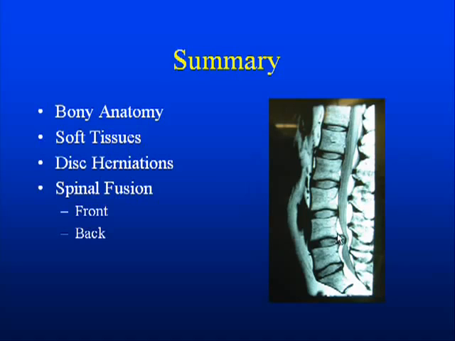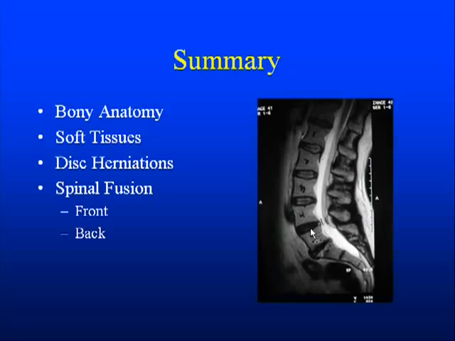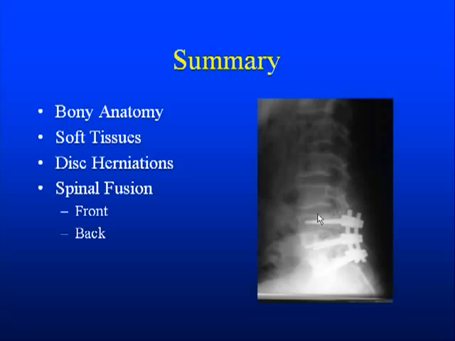We have seen a very large disc herniation, as we can see here, coming over and pushing on this nerve as it's being pushed back, likely causing significant back and leg pain. And we have seen normal discs versus degenerated discs, which have lost their luster or the fluid within them. And finally, we have seen what the spine looks like after instrumentation and a fusion has taken place.